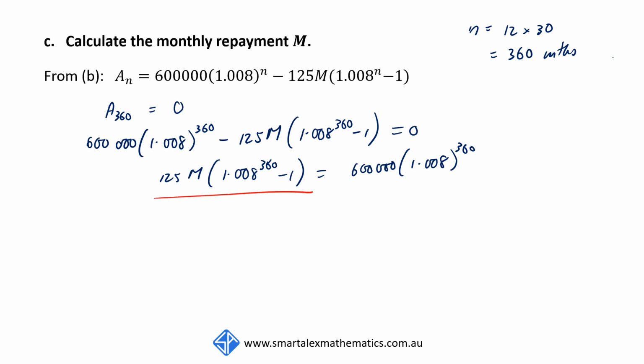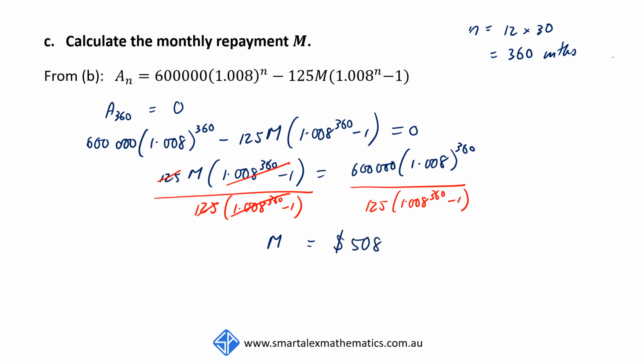And then dividing both sides by 125 times 1.008 to the 360 minus 1, and then putting this into the calculator, we're going to get the value for M, the loan repayment per month, is equal to $5,088.96.